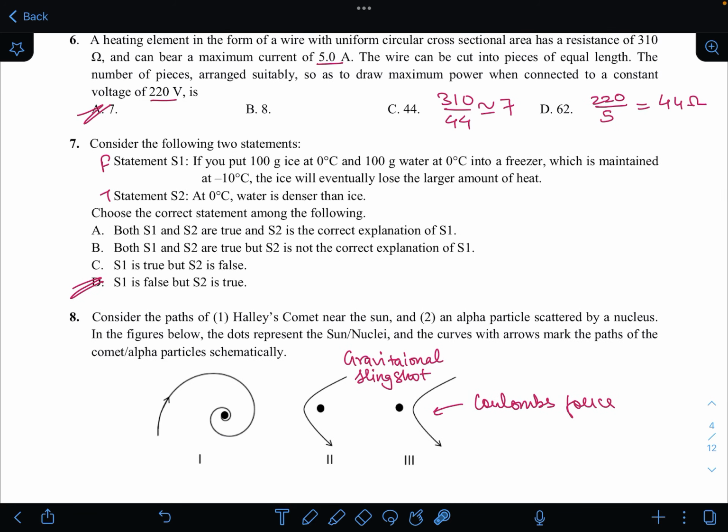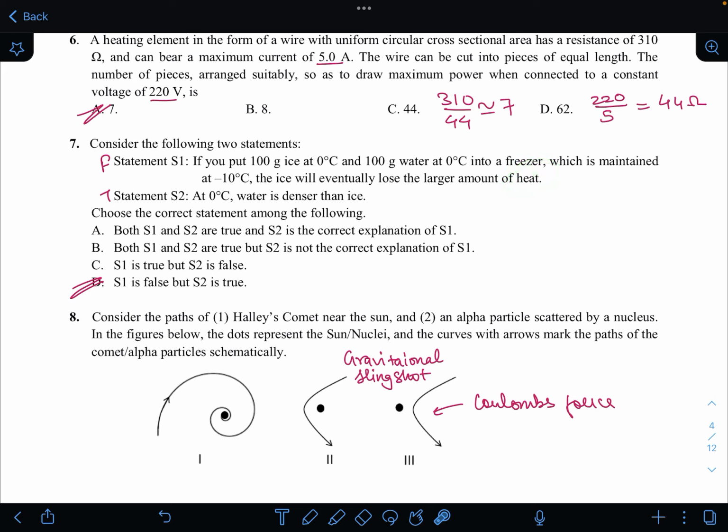Now coming to question number 7. If you put 10 grams of ice at 0 degrees C and 100 grams of water at 0 degrees C into a freezer which is maintained at negative 10 degrees C, ice will eventually lose a larger amount of heat. Now heat is given here, not temperature. Temperature and heat are not the same things.